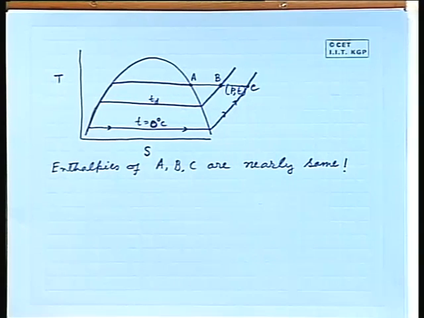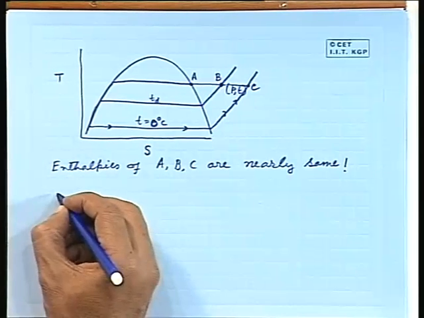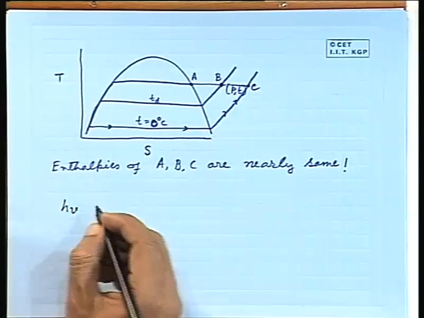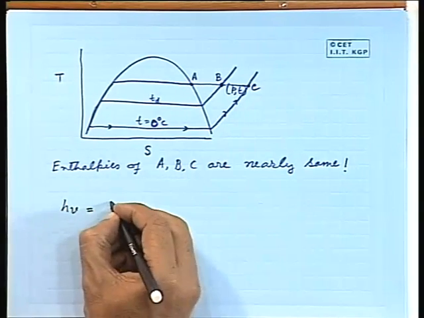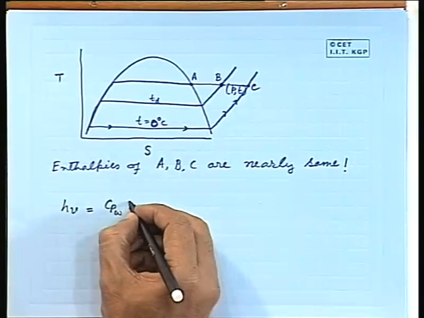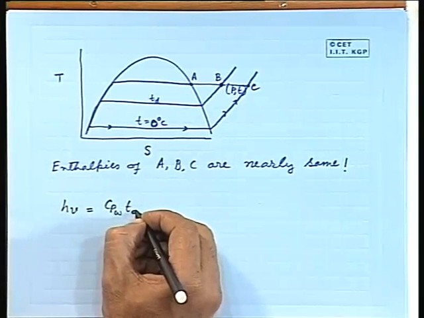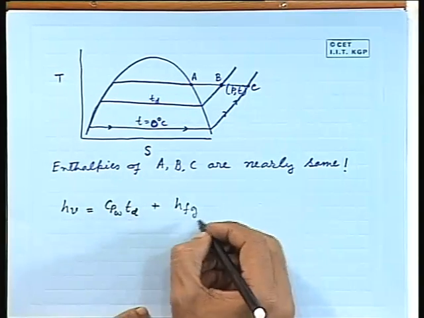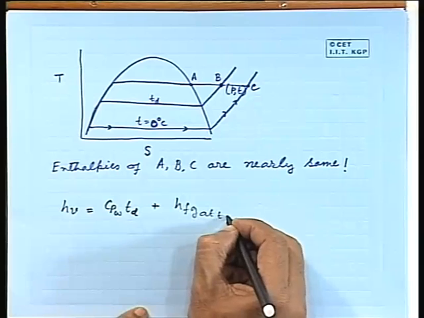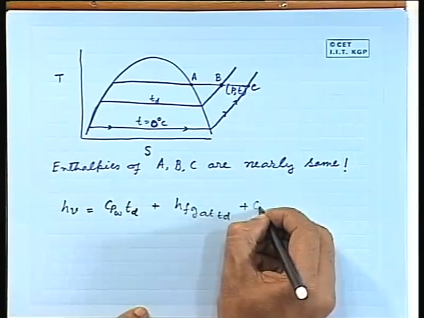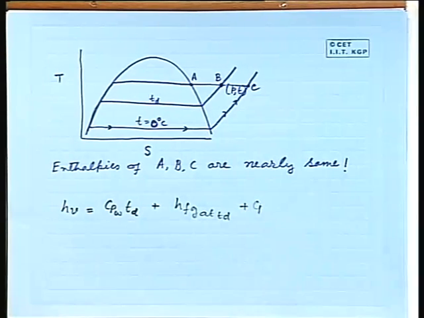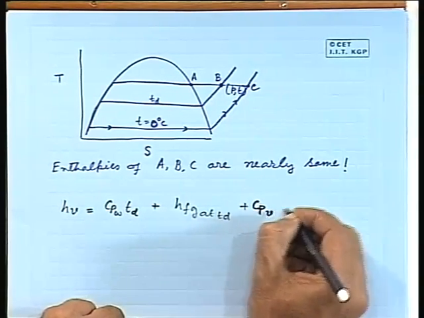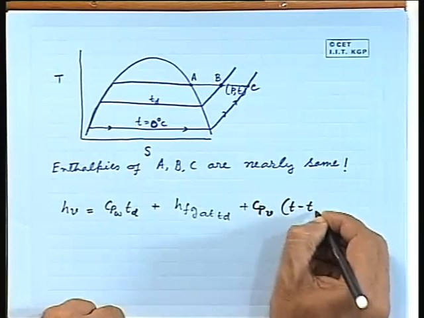So, in that case our HV, earlier I have written CPW TD plus HFG at TD plus CPV into T minus TD.